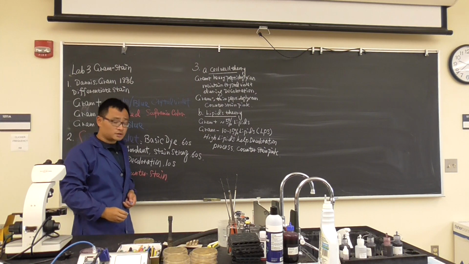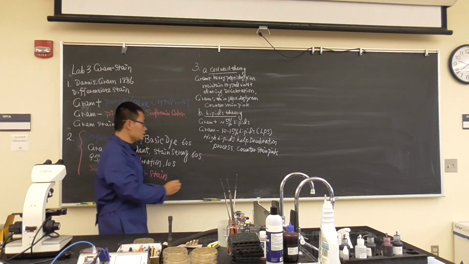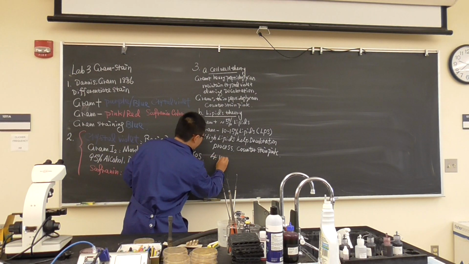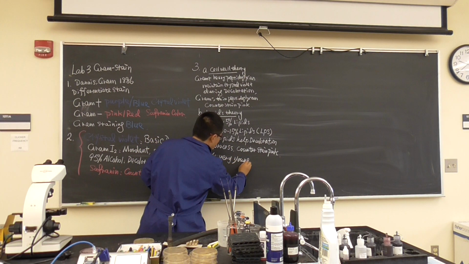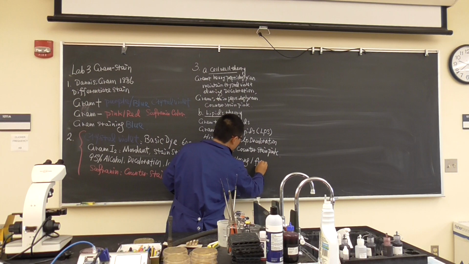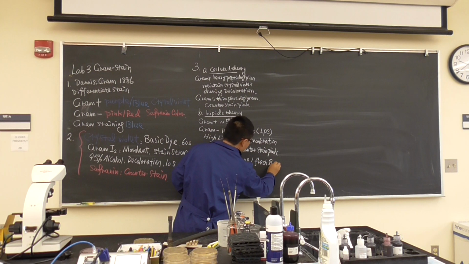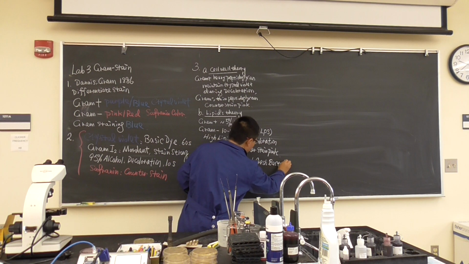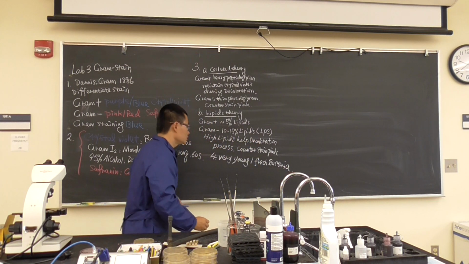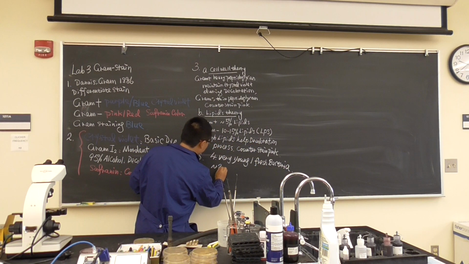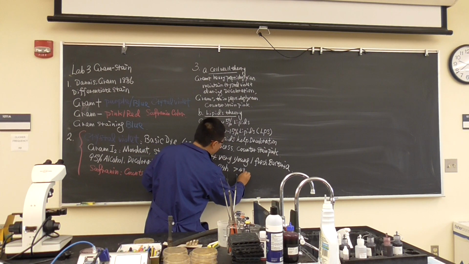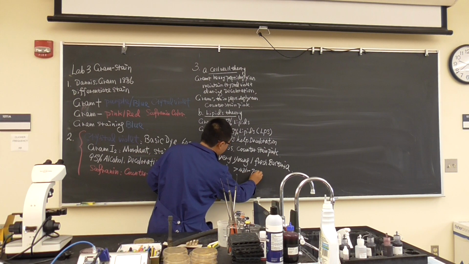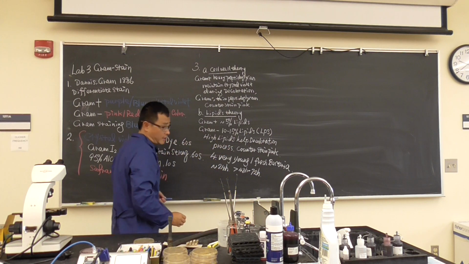Because of the cell wall theory, we need to use a very young, fresh bacterial culture. How fresh should it be? Around 24 hours. If it's a more than 48 to 72 hours old culture, what's going to happen?